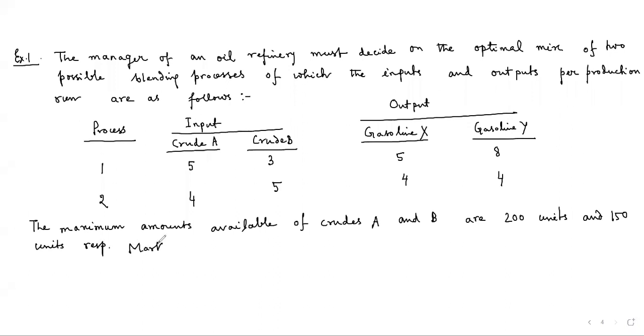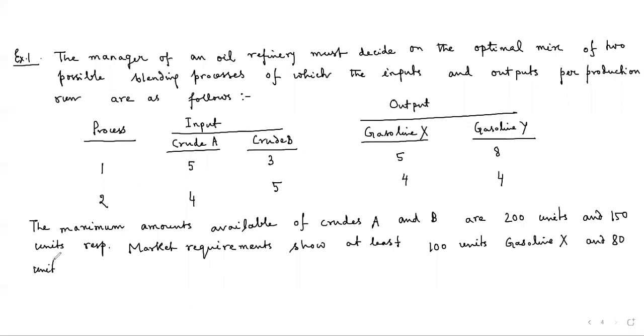Market requirements show at least 100 units of gasoline X and 80 units of gasoline Y must be produced. Quickly take the screenshot. Otherwise, I cannot repeat it in the next session.